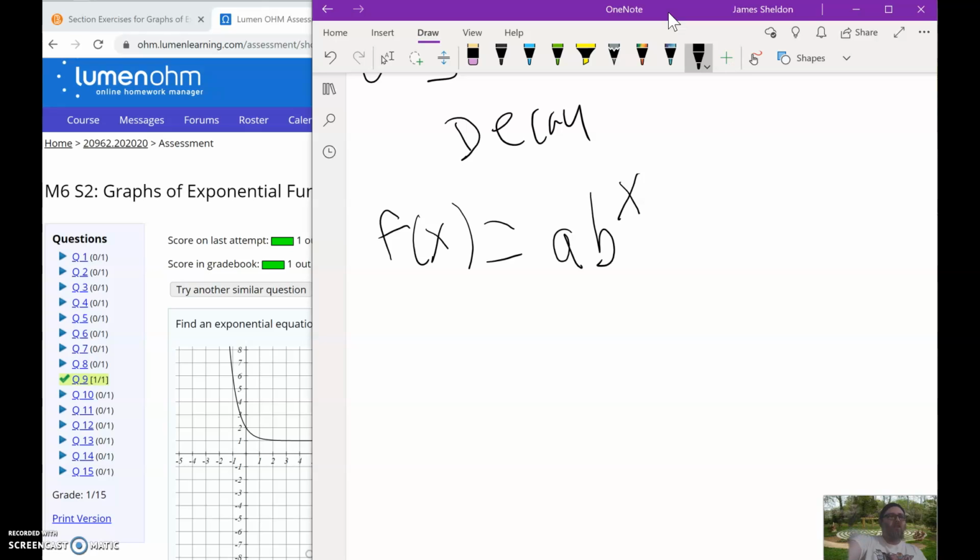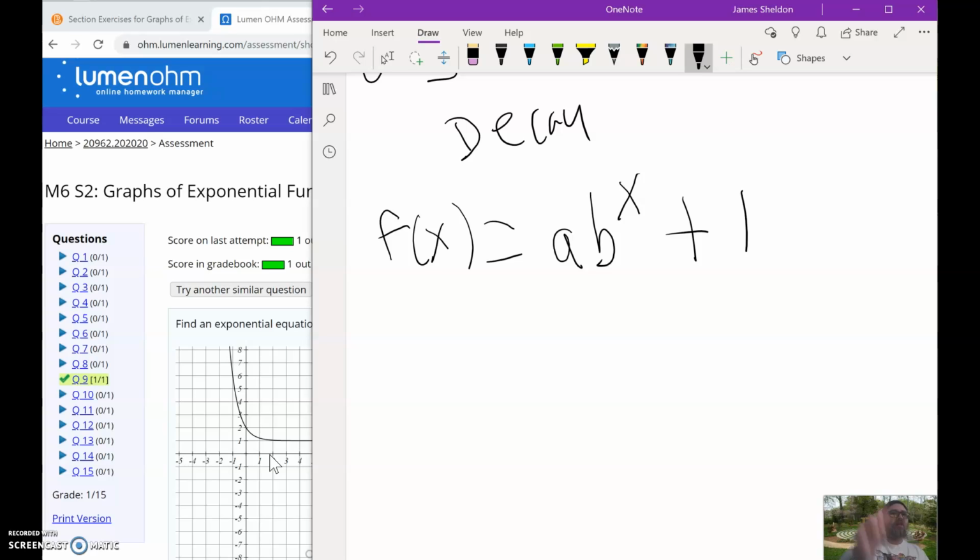But in our problem here, it's not approaching 0. It's actually approaching y equals 1. And so what we're going to do then is edit our equation a tiny bit. We're going to add this plus 1. And if it were just at y equals 0, it would just be plus 0, and it would just vanish. But in this case, we have a plus 1.